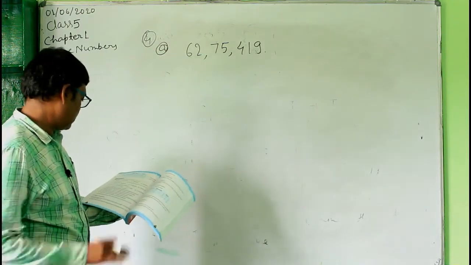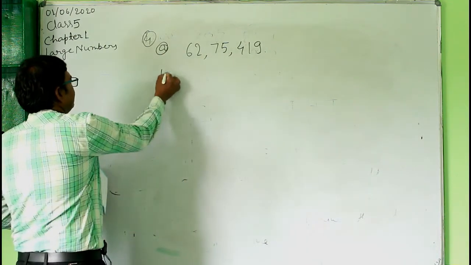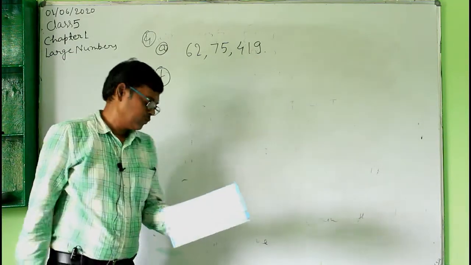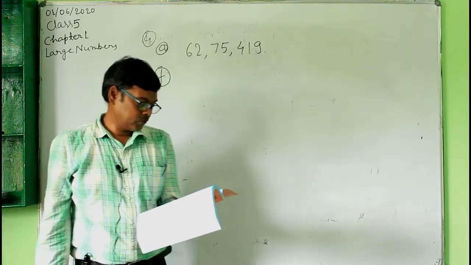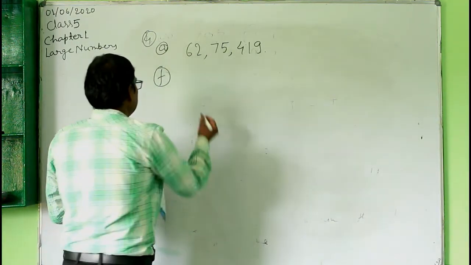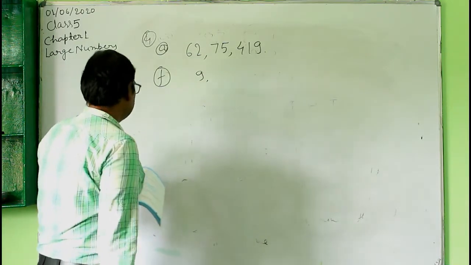And then I will take another question here. Question number F. In case of F, the number is 9 crore 47 lakh 620. So 9 crore, then 47 lakh.